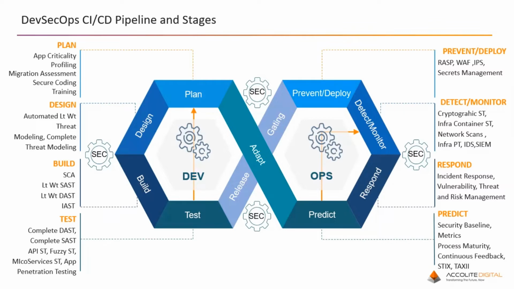DevSecOps involves everyone in the process and practices of ensuring security. Developers, app managers, application teams, security teams, reviewers, testers, everyone has a very important role to play in ensuring security for the organization. However, DevOps programs are very ambitious and challenging to carry out. Organizations have to change their resources, tools, and make cultural and structural changes.